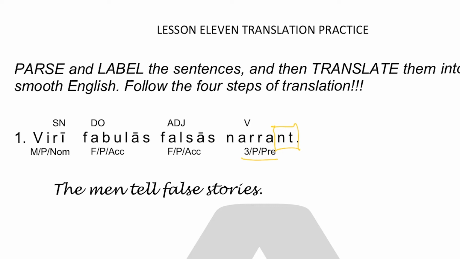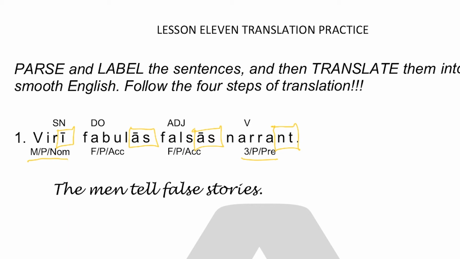Step number 2 is to parse all of our nouns and adjectives. So we have here's a noun ending, here's another, and then here's a noun ending on an adjective, because adjectives take the same endings as nouns. So we have those endings, and then we have them parsed as well. Now you'll notice that viri is parsed as masculine plural nominative.